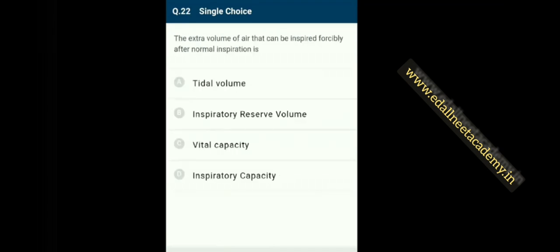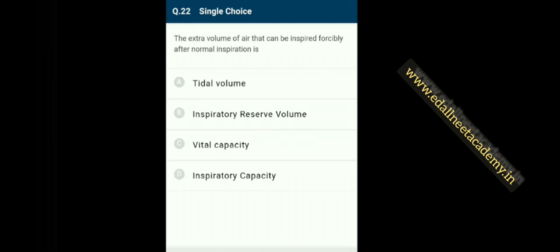Question number 22. The extra volume of air that can be inspired forcefully after normal inspiration is: the volume of air present at each stage of the gaseous exchange process found in the human body. Total lung capacity is the amount of air one can accommodate, 5000 ml. Vital capacity is the volume of air that can be forced out, 4500 ml.